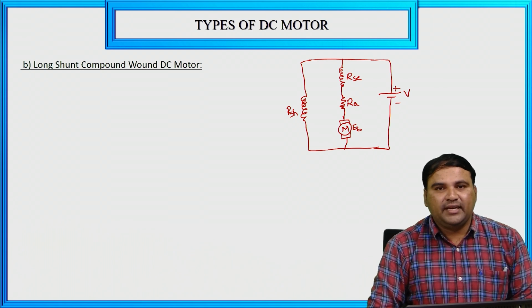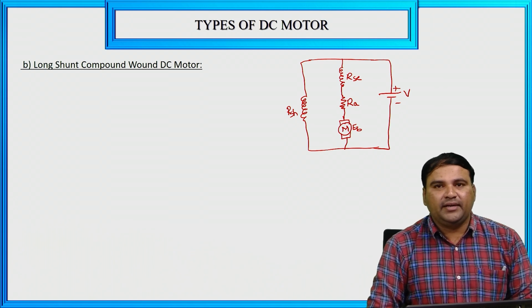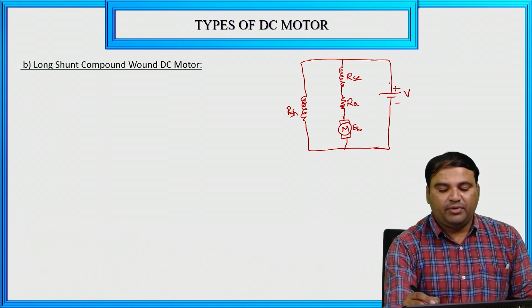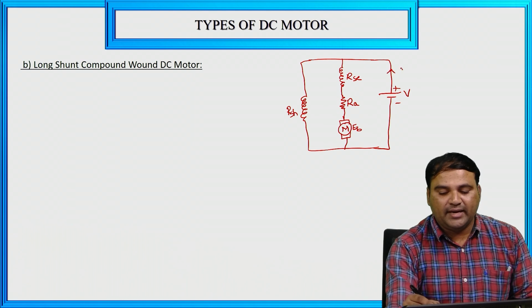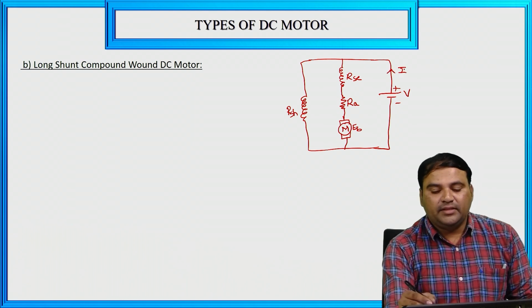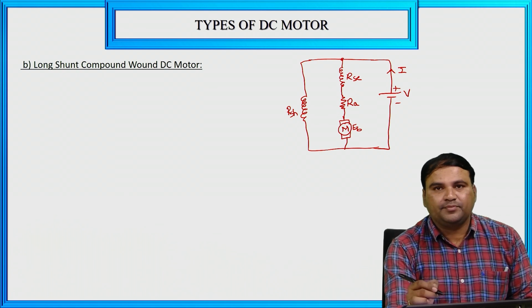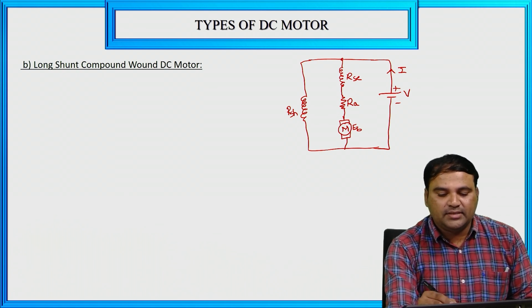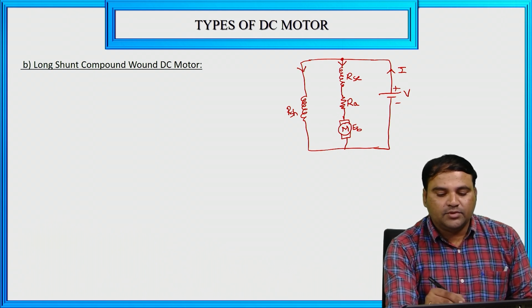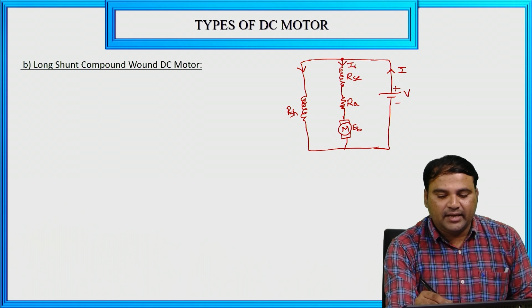Now for this entire circuit we need to give the current directions, right? So from the source we are having the total current I. This total current is towards this point. From this point current is dividing. So current through RSC is ISC.